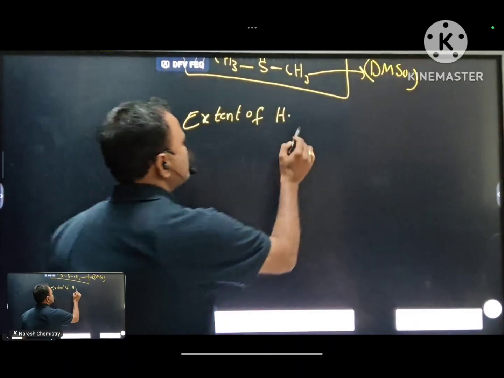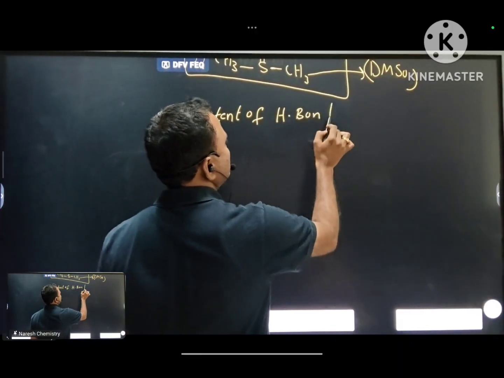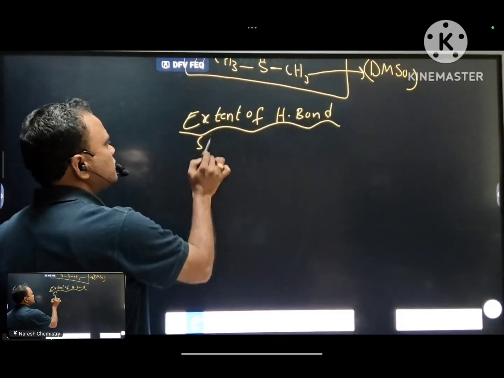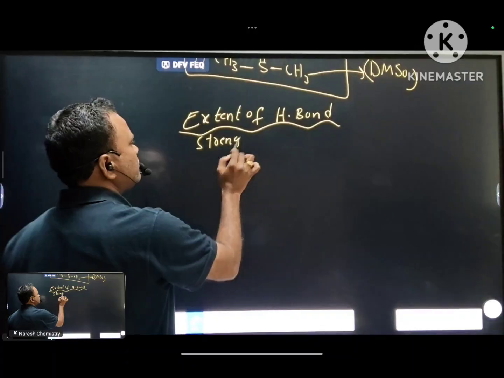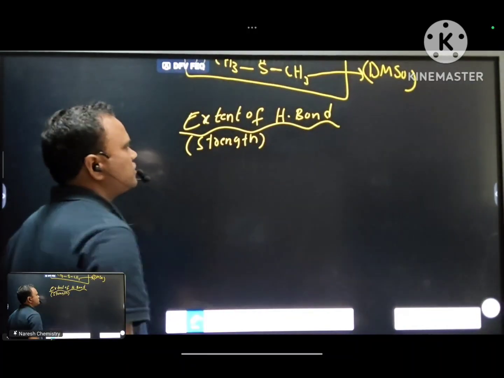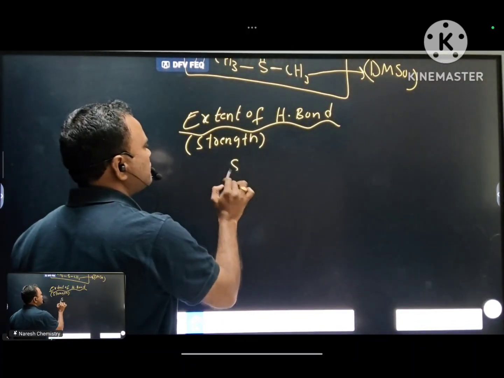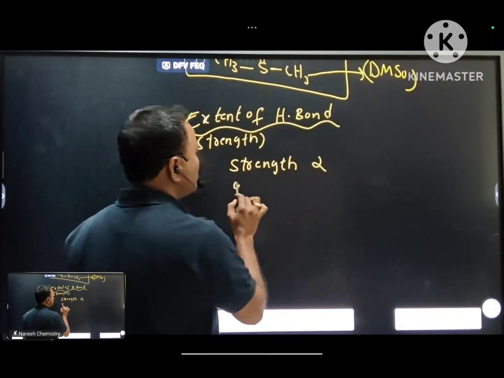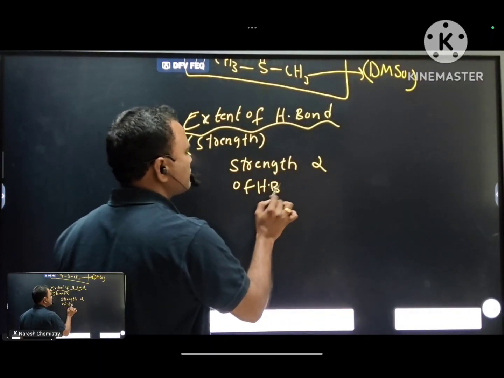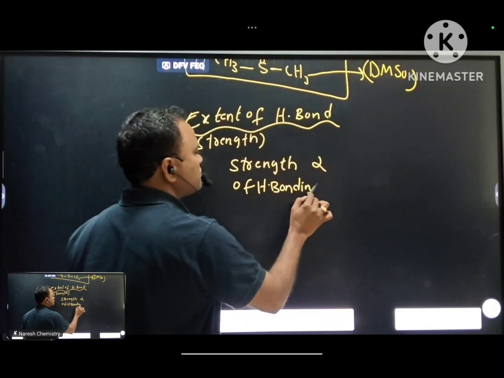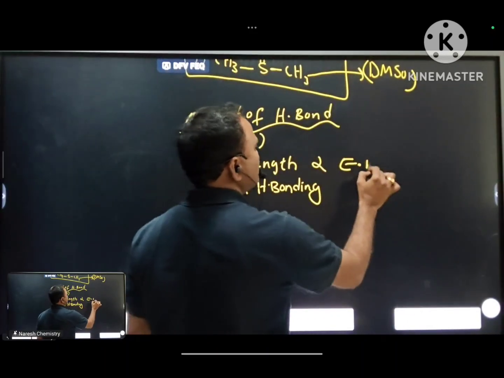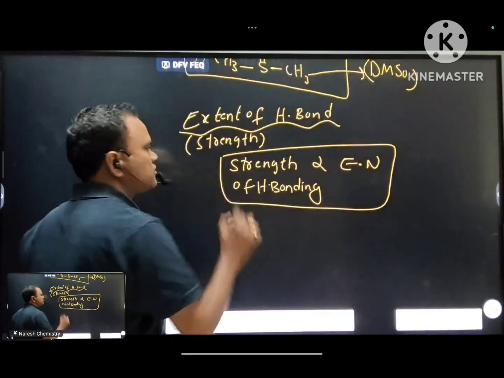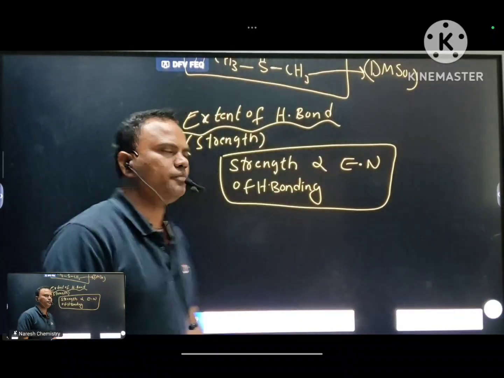Extent of hydrogen bond, or strength of hydrogen bonding, is directly proportional to electronegativity.